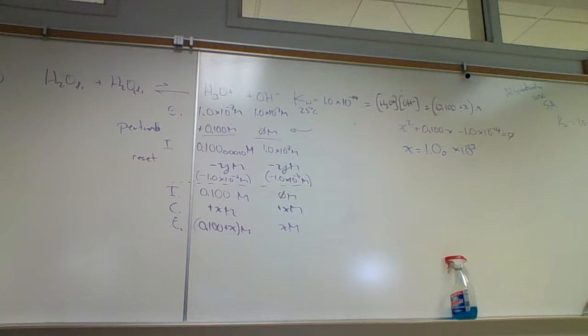This was equal to Kw. Here, if I assume that x is small compared to the initial, it would have dropped out of both terms, and then would there be any x to solve for? No.